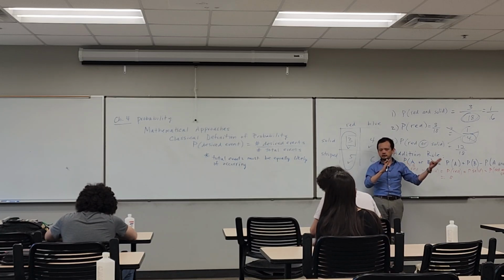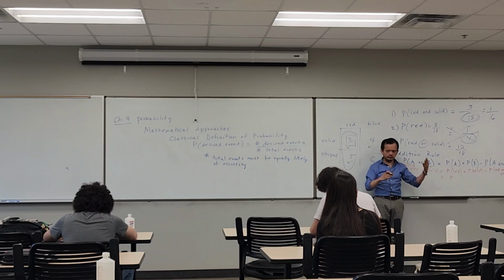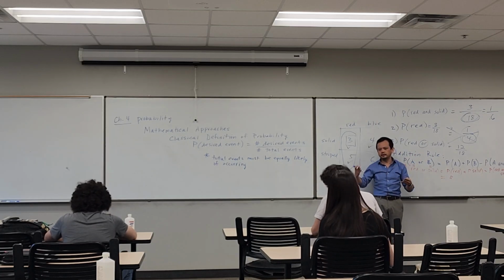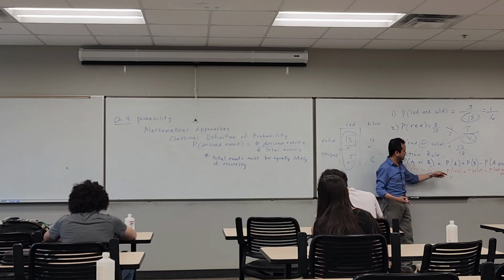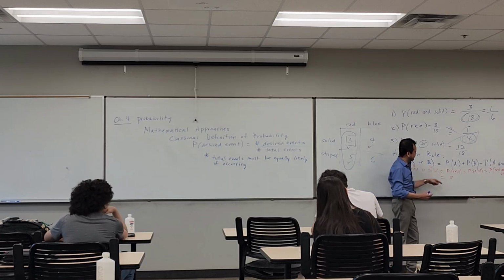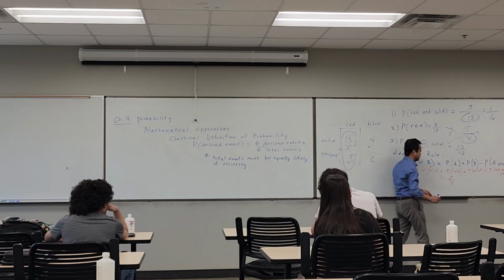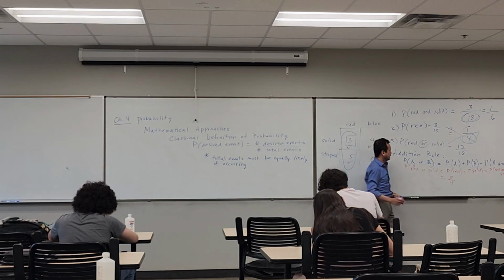But beyond 0 and 1, probabilities aren't possible. You can't have a probability that's negative, and you can't have a probability that's greater than 1. So in this case, the probability of red is the fraction 8 divided by 18, which is a number between 0 and 1.